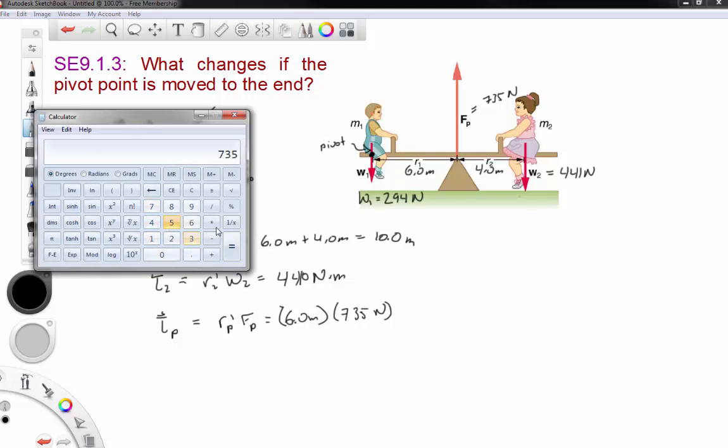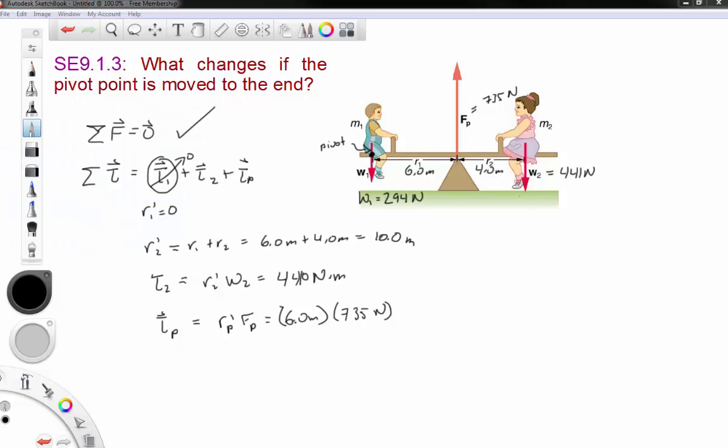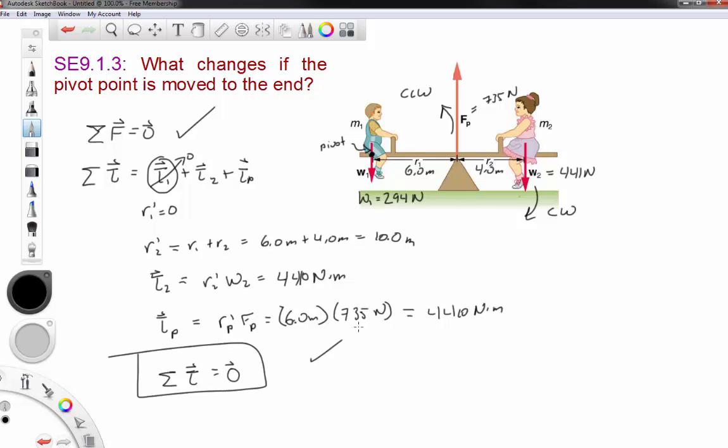So we would have 735 times 6, and you get 4,410. So this is 4,410 Newton meters. And therefore, if you add these up, since they're acting in opposite directions, this one would be a counterclockwise torque. This one would be a clockwise torque. So you basically subtract the two from each other, and what you get is that the sum of torques is equal to this minus this, or 0. So that still checks out as well.